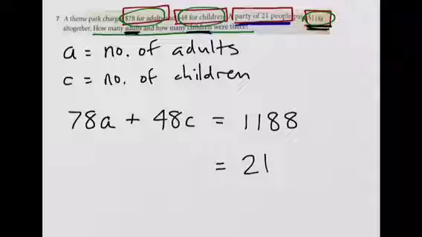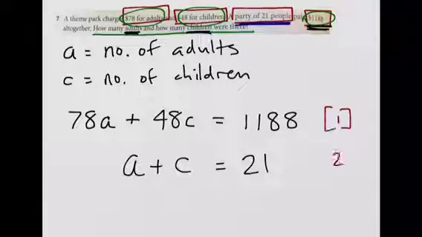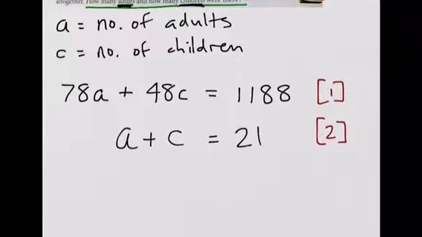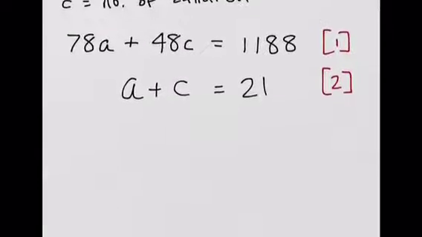It's the number of adults plus the number of children. Because they're either adults or children, A plus C equals 21. So now we have two equations, equation 1 and equation 2. That is really the hardest step in any mathematical problem: turning your words into equations, or into a starting point.